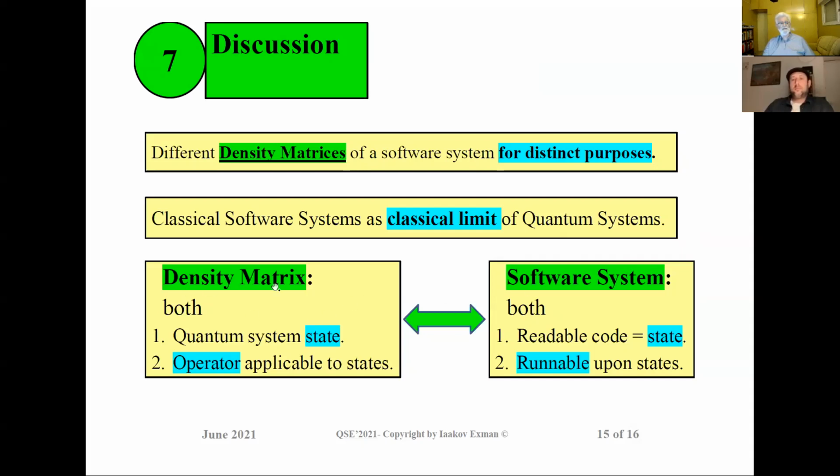The density matrix is both a state of the quantum system and an operator applicable to states, while the software system, again, is both a state in the sense of the readable code, and it is an operator runnable upon states, which are the inputs to the code.